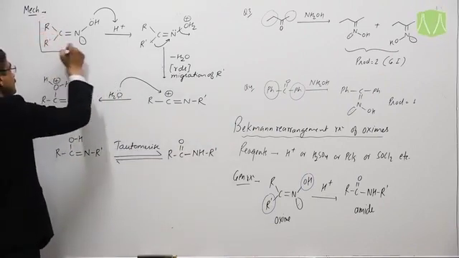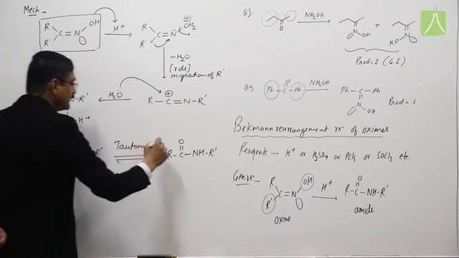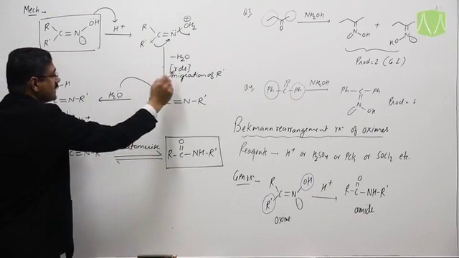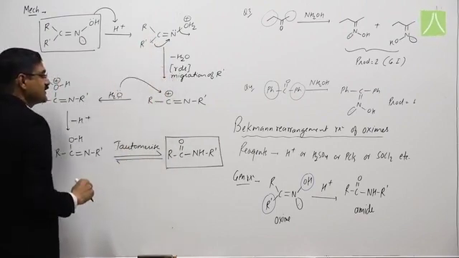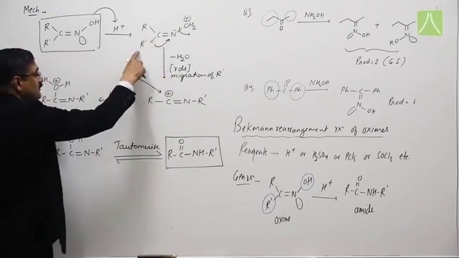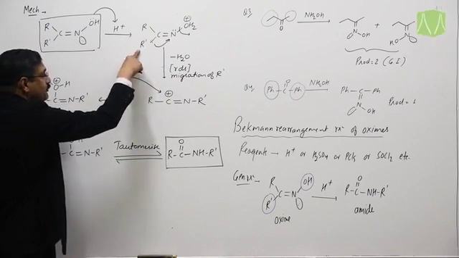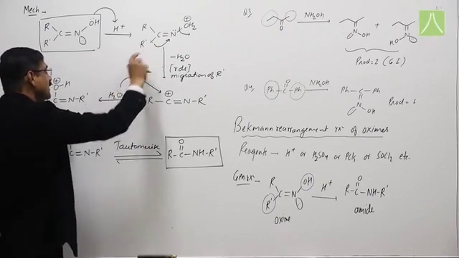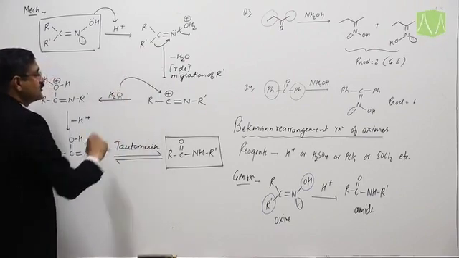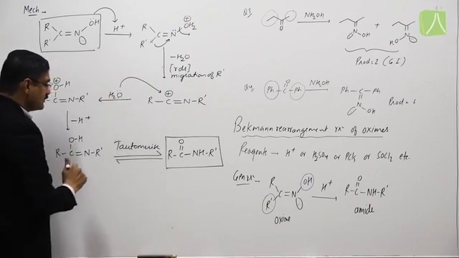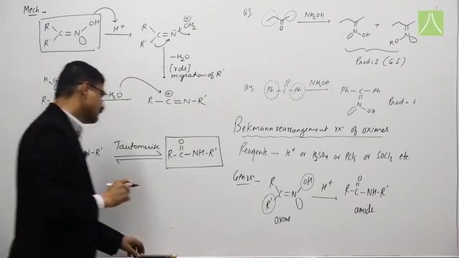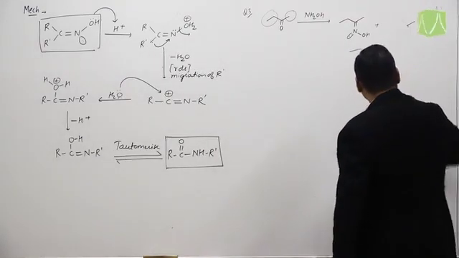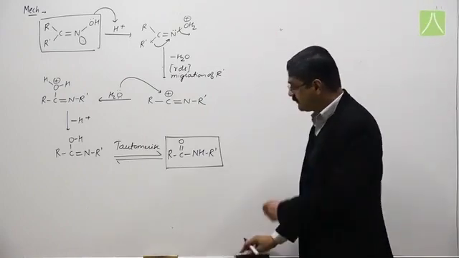So one oxime is converted into one amide, and important is that migration of R is the RDS, and it's an intramolecular migration. That's why the first property: configuration of R retains. Second, there is only one product from the one oxime because there are no cross products obtained. So some important points are like this. First point.